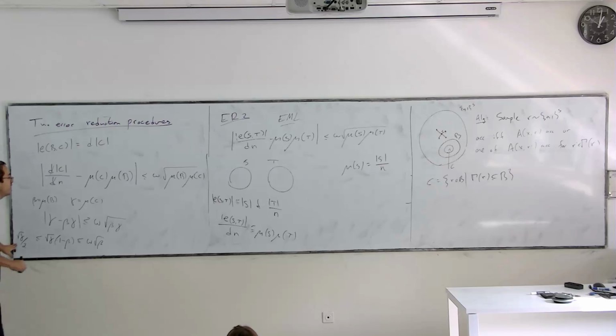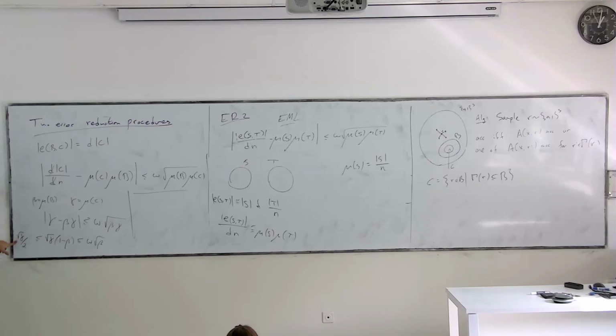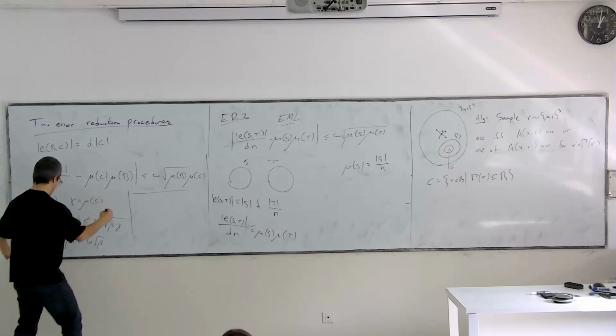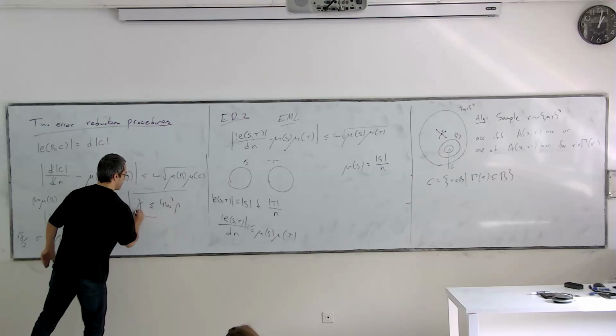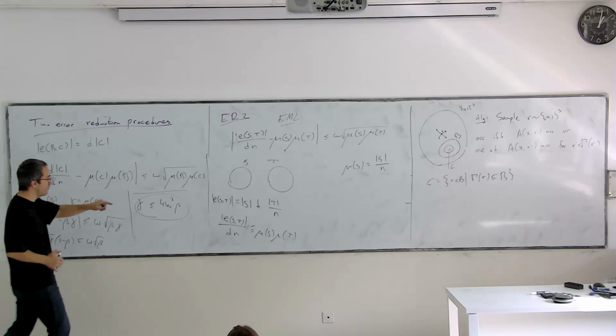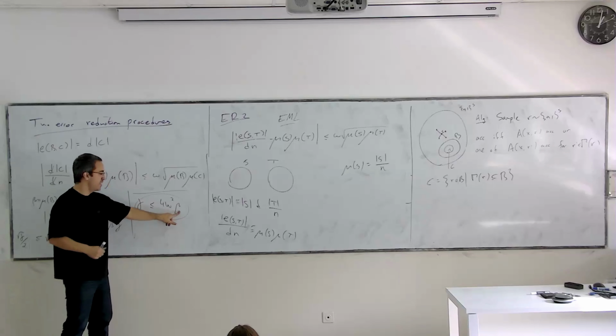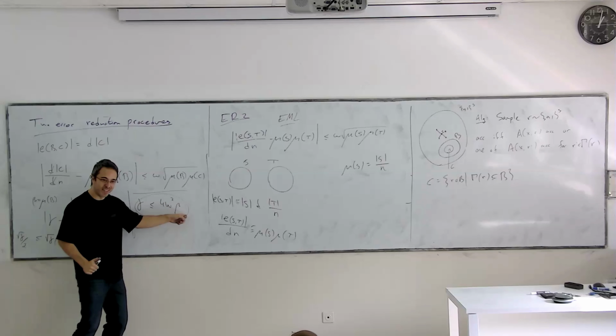So what you get, you multiply by 2 and take a square root. What you get is that gamma is at most 4 omega squared beta. So you see, whatever the size beta was, it's a half. But whatever beta was, gamma is omega squared smaller.